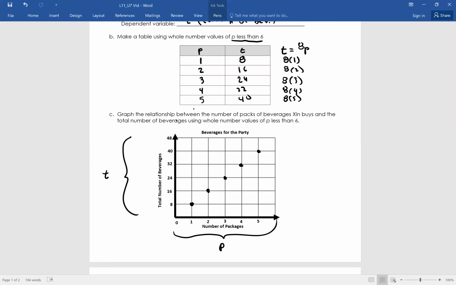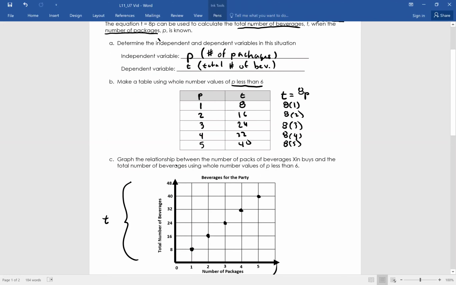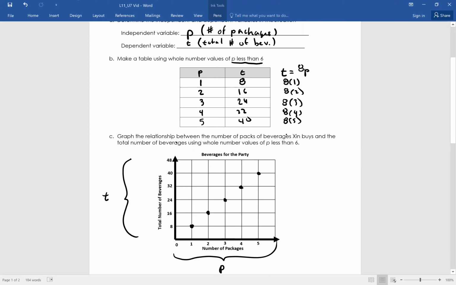Now, we need to figure out what the key point is at this point. The situation shows us that a person is using packages and they're coming up with a total number of beverages. P is the independent variable, T is the dependent variable, and we were required to create a table and a graph. Now I want you to observe the graph.